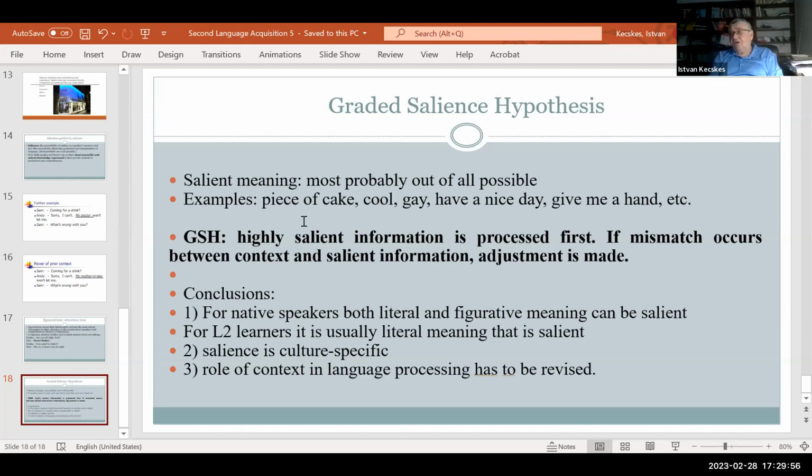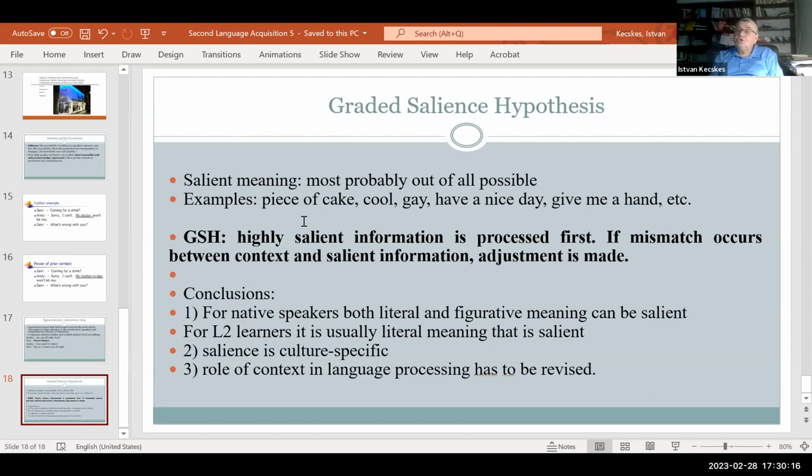So piece of cake nowadays, if you say this expression to a native speaker without any actual situational context, that person will understand piece of cake only in one way, easy, you know?